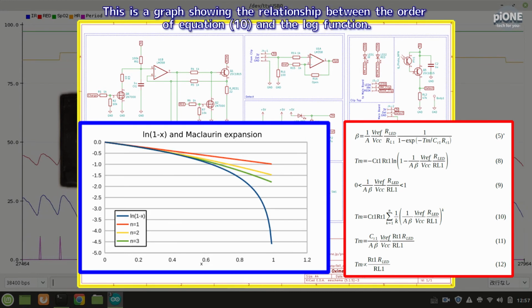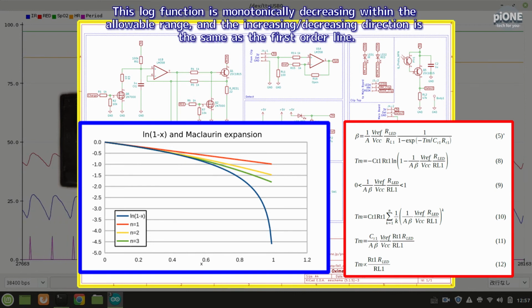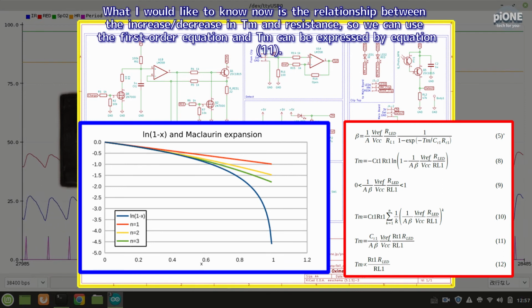This is a graph showing the relationship between the order of equation 10 and the log function. This log function is monotonically decreasing within the allowable range, and the increasing-decreasing direction is the same as the first order line. What I would like to know now is the relationship between the increase-decrease in TM and resistance, so we can use the first order equation and TM can be expressed by equation 11.